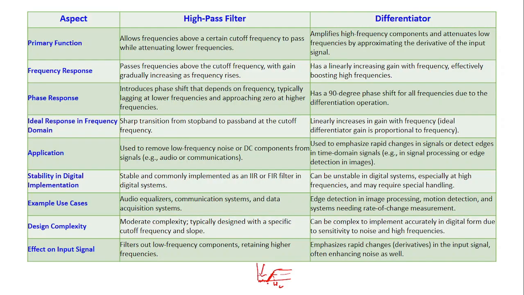Then after this, say we come to this point where we have omega 1. So from this omega 1 to omega 2, there is a linear relationship. In this linear relationship, the DC frequency and the low frequency components have already been eliminated.